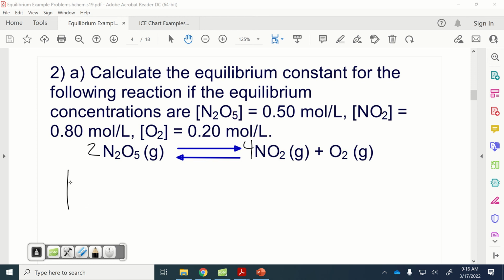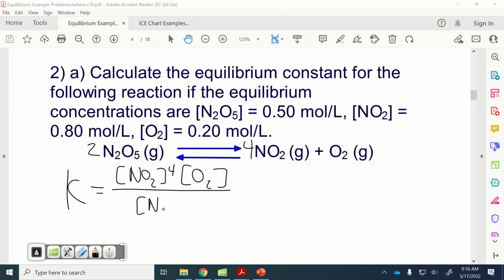So for this one, my K is equal to the concentration of NO2 to the 4th power times O2 divided by N2O5 squared. So for this, we got NO2 is 0.8 to the 4th times 0.2 divided by 0.5 squared.